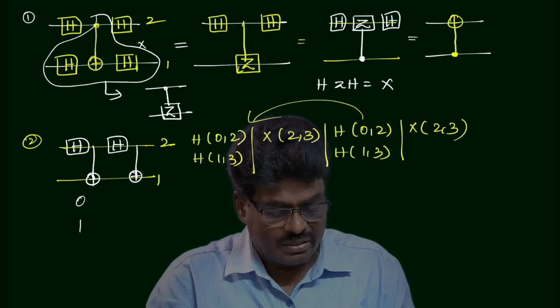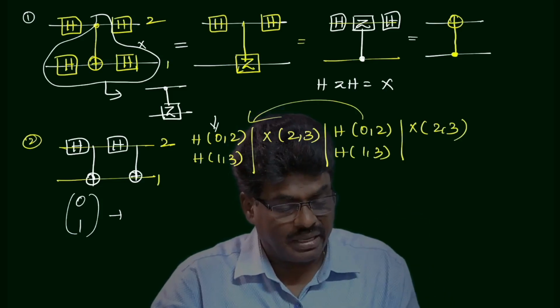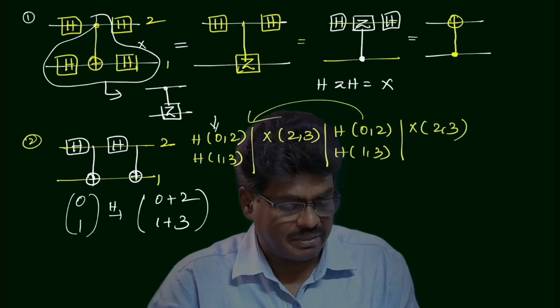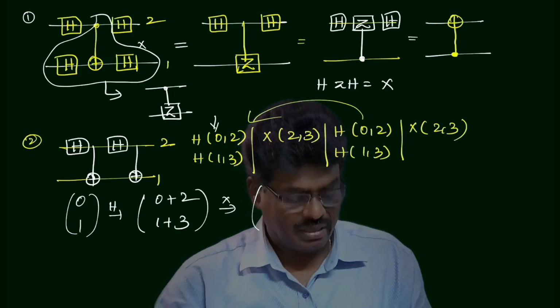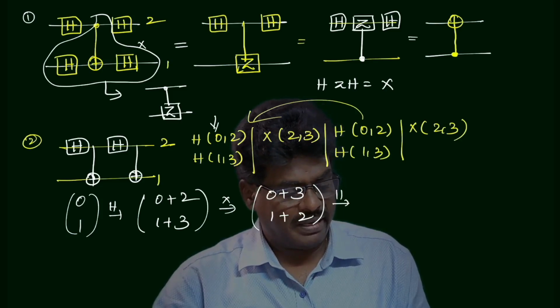So here I am taking 0 1. See, first elements I have taken. First Hadamard 0 plus 2. I hope already you got some perfection, that's why I'm doing fast. So 0 plus 3 and 1 plus 2, and again Hadamard.